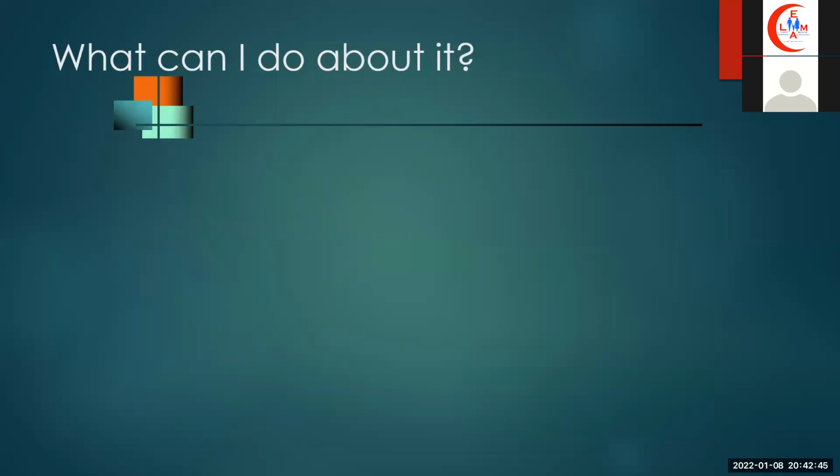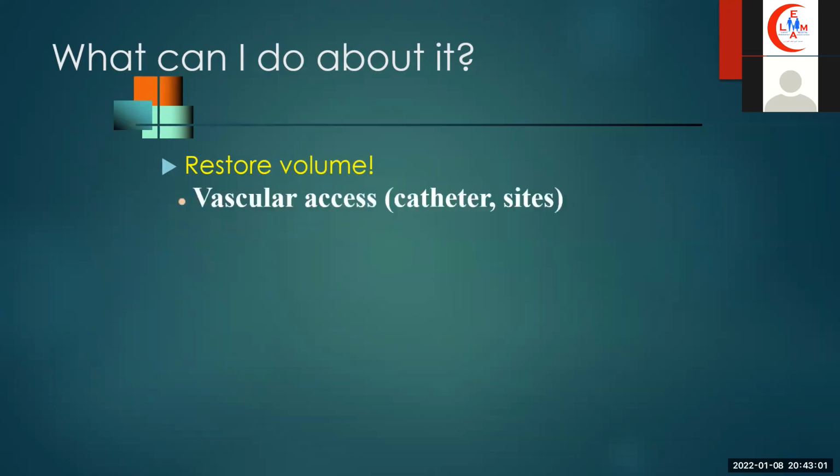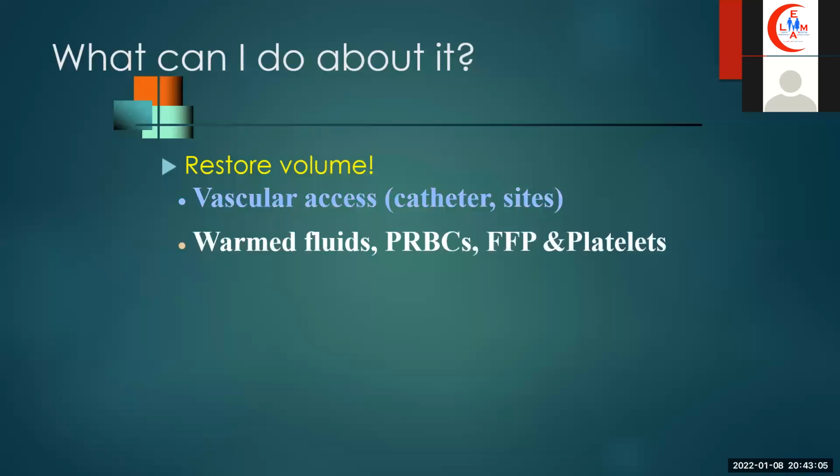So what can I do about it? Of course, you need to restore the volume. You get 2 large bore IV cannulas. You take blood, of course, for a CBC, and cross match is quite important, and you start giving fluid to the patient. Vascular access and warmed fluid are very important, and you need to give packed RBCs, fresh frozen plasma, and platelets.